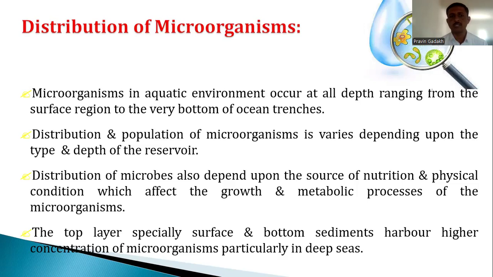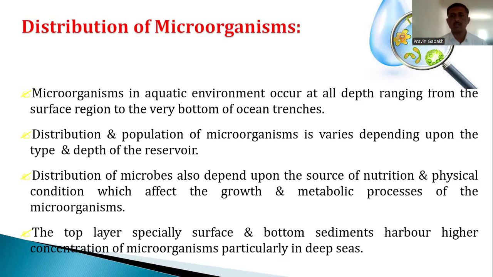So as we have discussed earlier, depending upon the type and depth of the reservoir, the microbial population can vary. The distribution of microbes also depends upon the source of nutrition and physical conditions, which affect the growth and metabolic processes of the microorganisms.